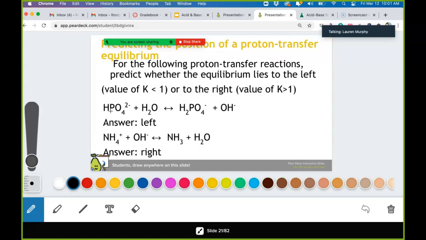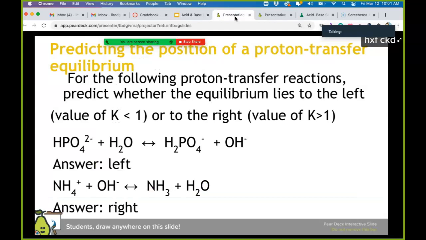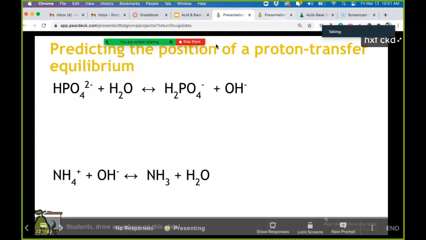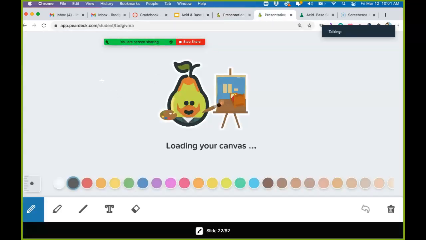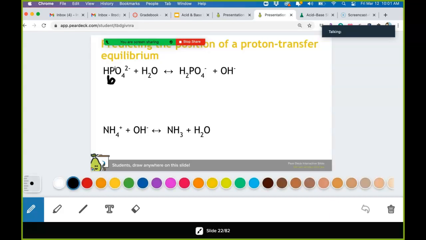So this guy looks like it's a base because it gained a hydrogen ion.